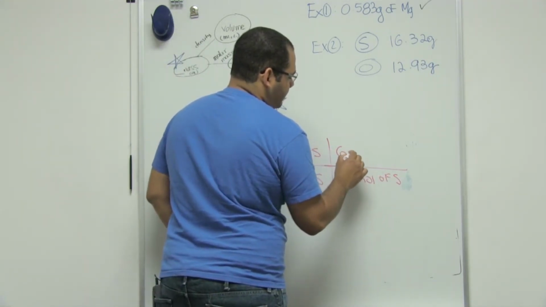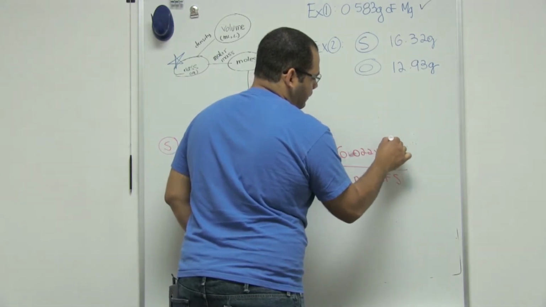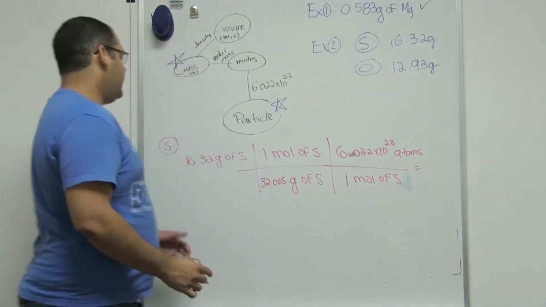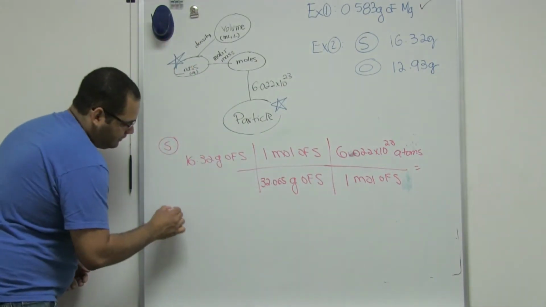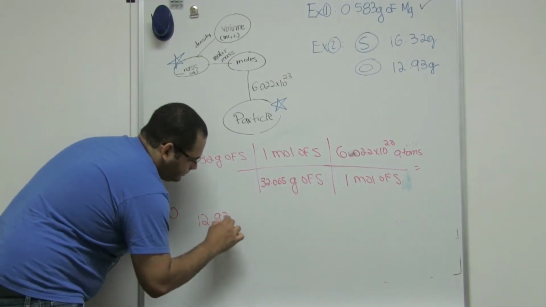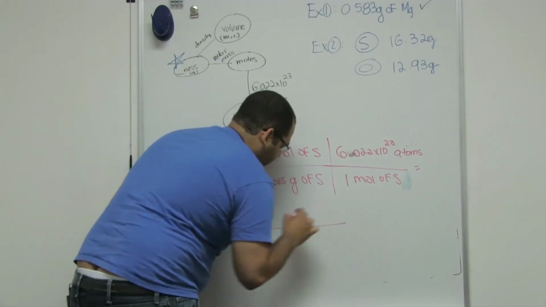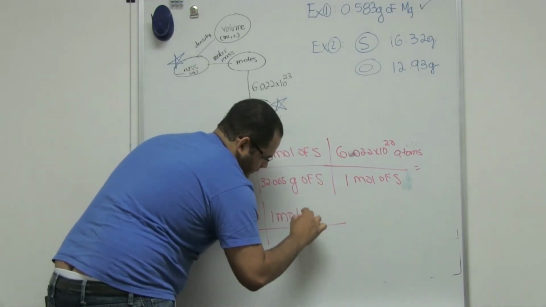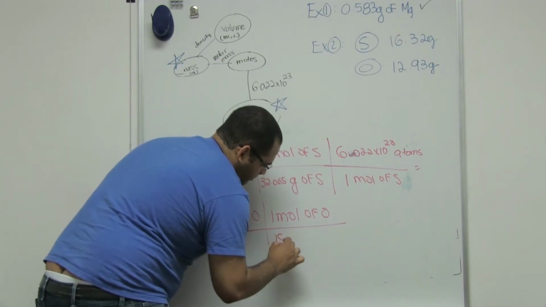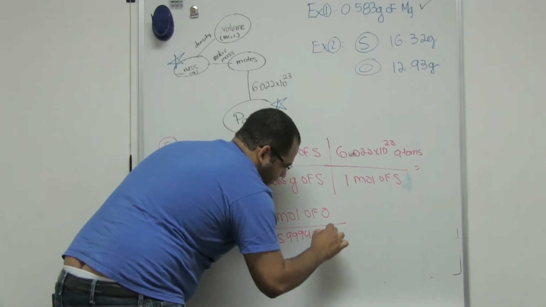And Avogadro's number. Then I do the same thing for oxygen. Oxygen would be 12.93, and then I go from grams to moles. And here it would be 15.9994 grams of oxygen.